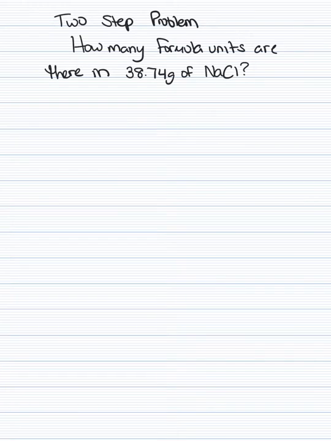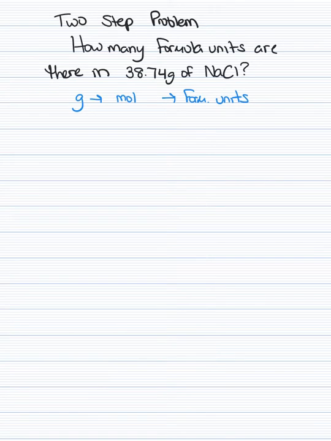In the last problem that we're going to do, this is a 2-step problem. And it asks us how many formula units are there in 38.74 grams of sodium chloride. We know that if we go from grams and we want to end at formula units, looking at our mole map, there's no way to go directly from grams to formula units. So we need to go to moles first.